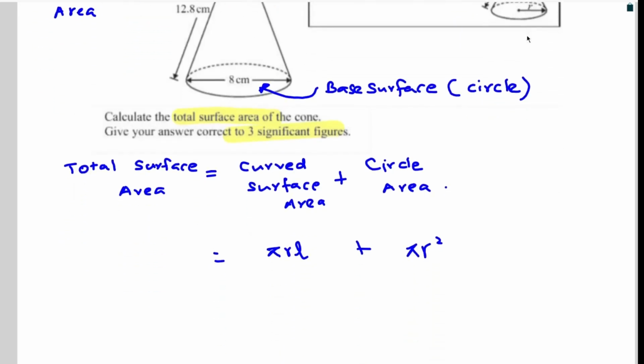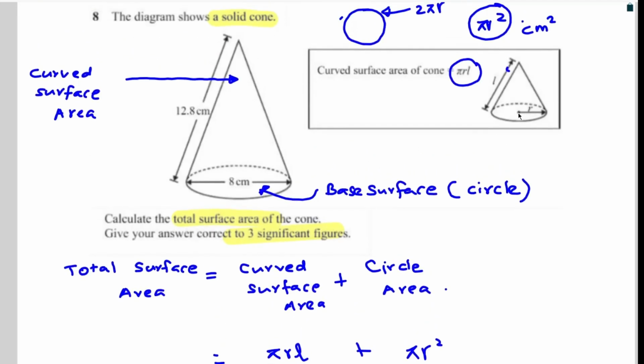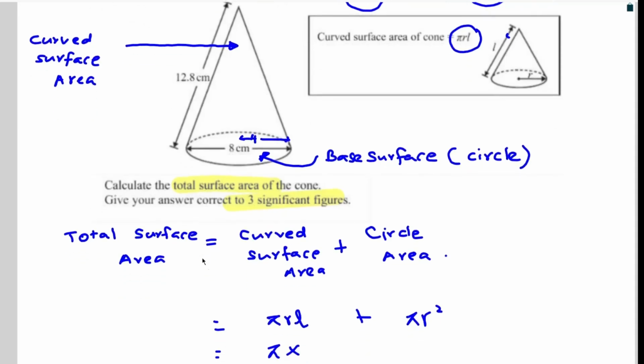Let's substitute the values now. Pi r L. R is the radius. We've been given the diameter here, so we need to get half of this length as the radius. Then radius is half of 8, which is 4.